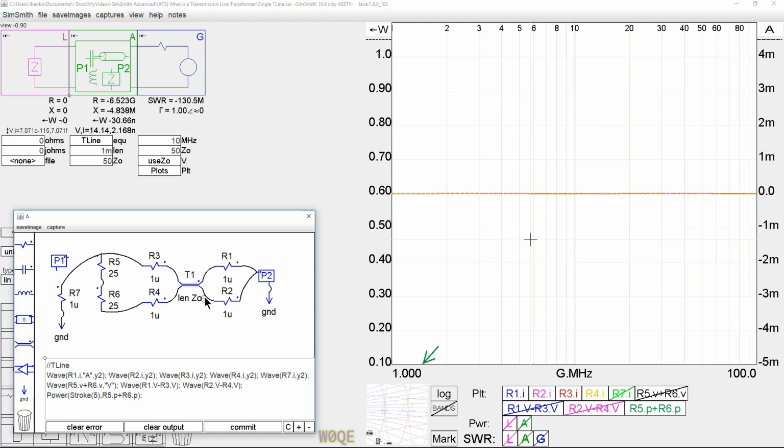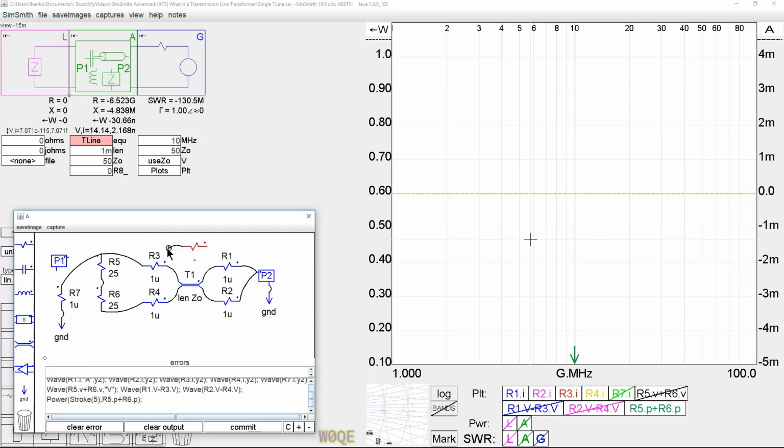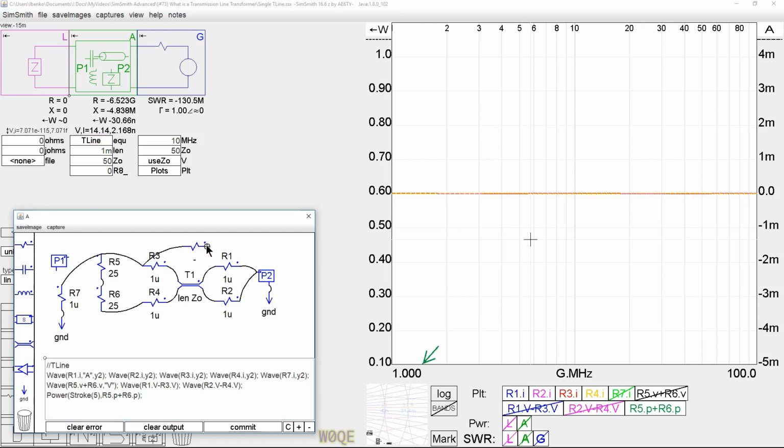If we want to define a common mode impedance, it is up to us to define it. We can define it by putting something like a resistor. If the impedance is going to be resistive, actually it could be inductive too. We could put something in here that would be a complex number.